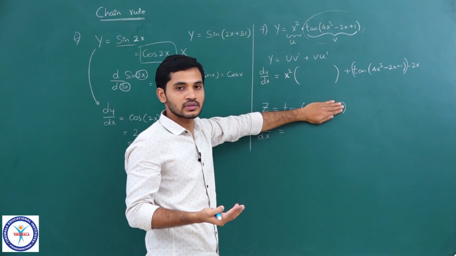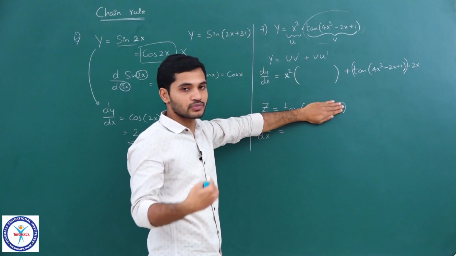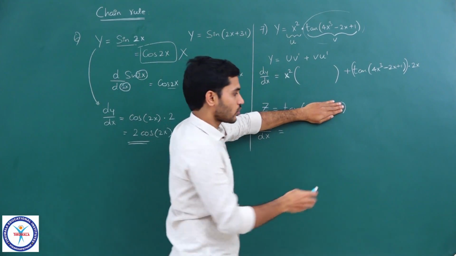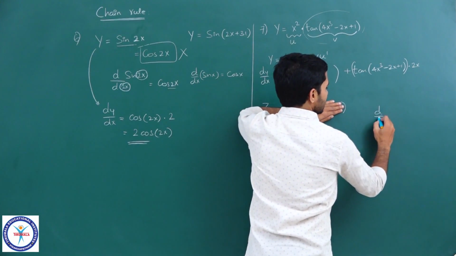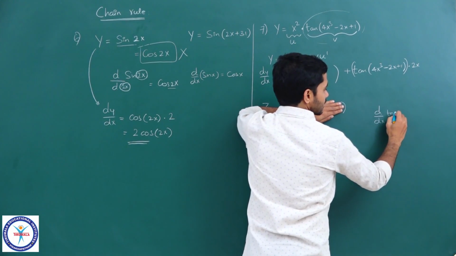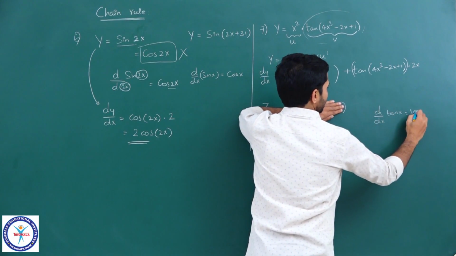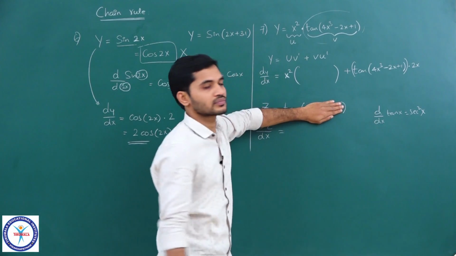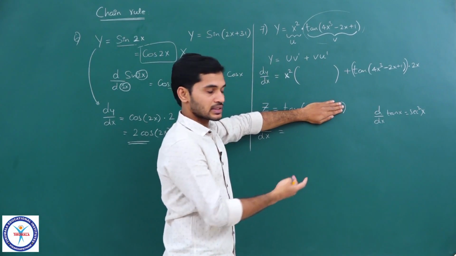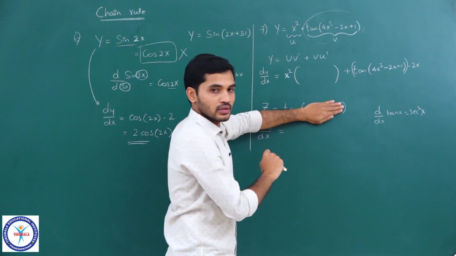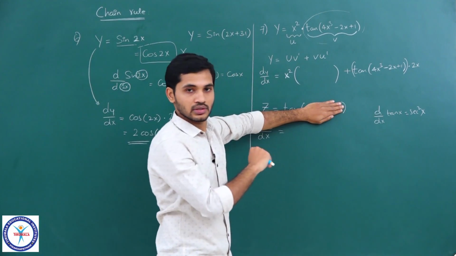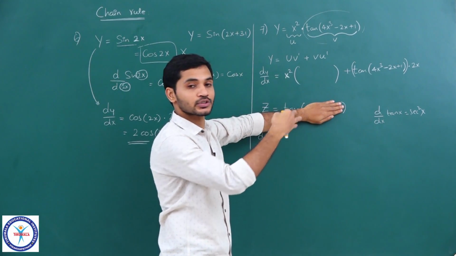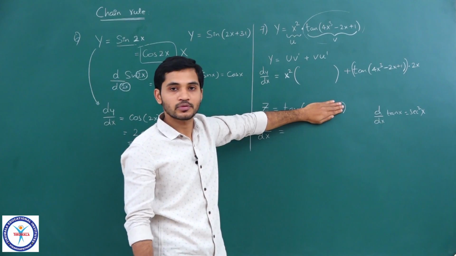So, what do we get? We get secant square something, that is it, because d by dx of tan x is secant square x, which means d by d something of tan something is also equal to secant square something. Do you understand what I am saying?